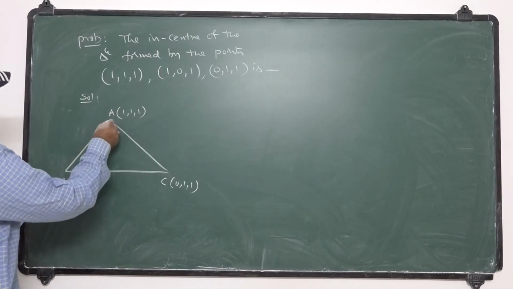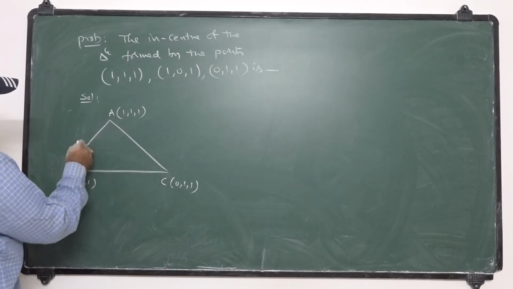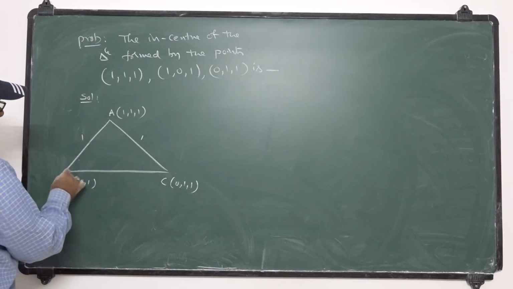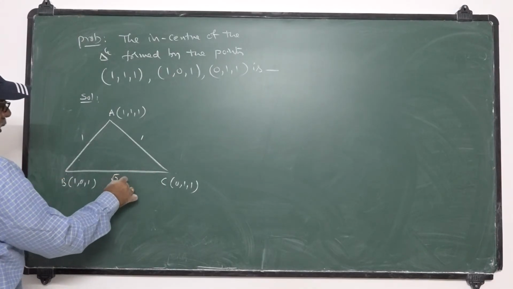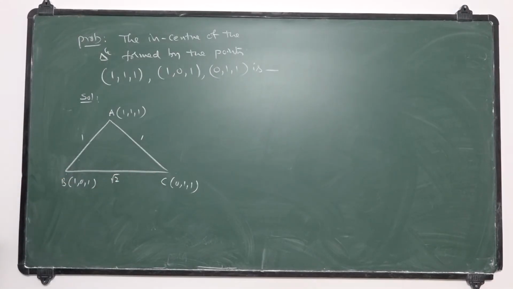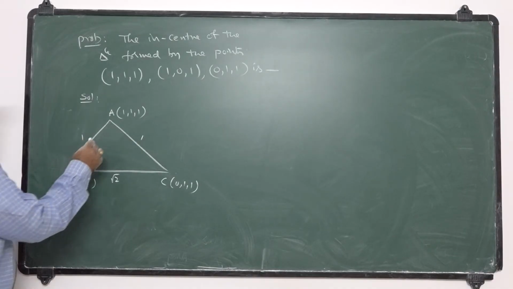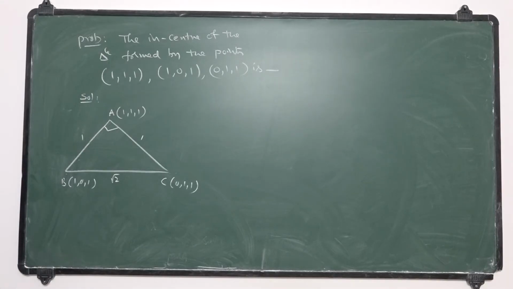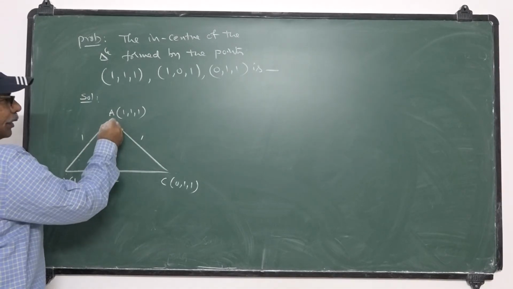The length of AB is clearly 1 unit. The length of AC is also 1 unit. The length of BC is root 2 units. Okay, right angle triangle. Here is the right angle. Anyway, the internal angular bisector.